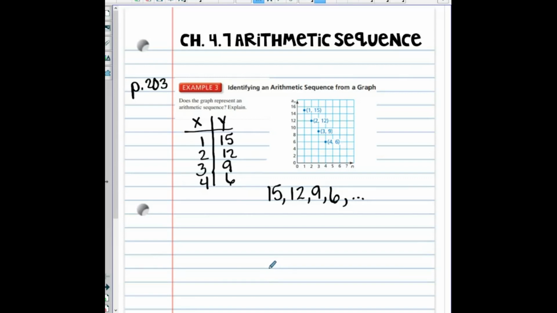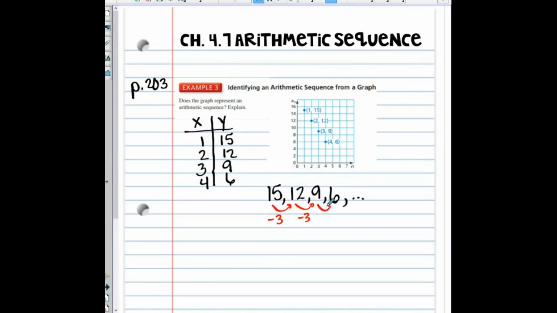Now, to check if it's an arithmetic sequence, you want to see the numbers. How did you get from 15 to 12? Well, we had to subtract 3, correct? Or you could say we added a -3. How do you get from 12 to 9? Is it the same common difference? Yes.